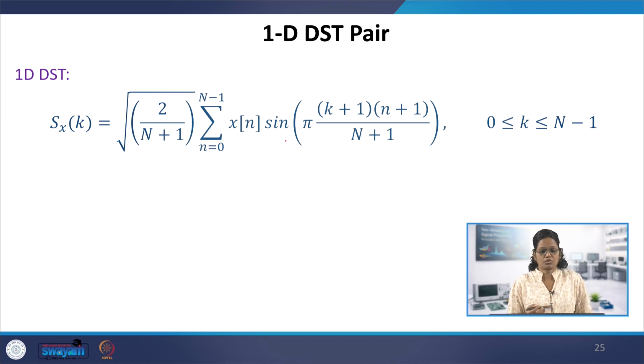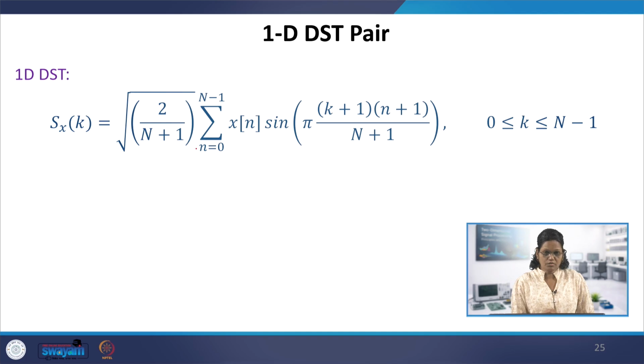Also we had used the basis images to reconstruct it. So in this case, x of n is a 1D sequence, and its basis function is sin of pi (k plus 1)(n plus 1) by (N plus 1). So this is the factor which is used here in the DST. You need to have this, both in the case of the transform coefficients as well as getting back the inverse transform.